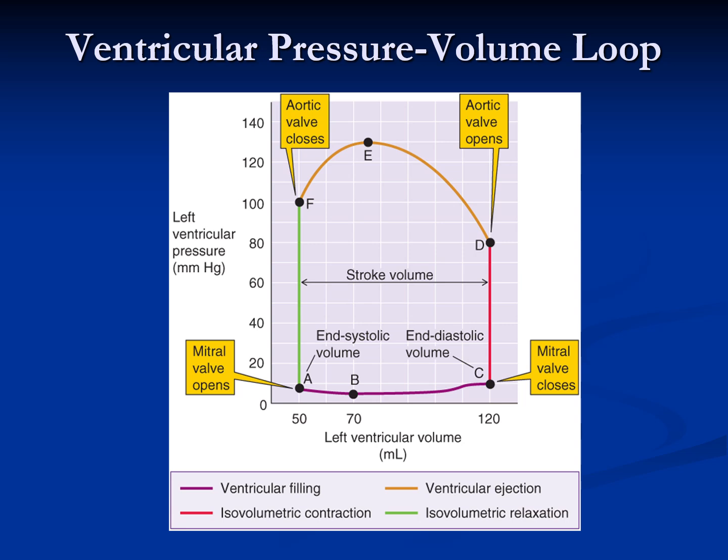So what did we say is phase one of the cardiac cycle? What happens when the mitral valve opens, where you have blood gushing into the left ventricle, and rapid filling? So you move from point A to point B rapidly, and blood fills the ventricle and the volume in the ventricle is increasing. And then from point B to point C, you keep filling the ventricle even more, until you reach the full LV end diastolic volume.